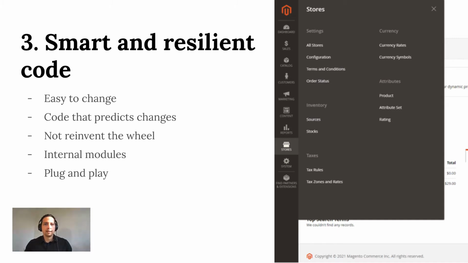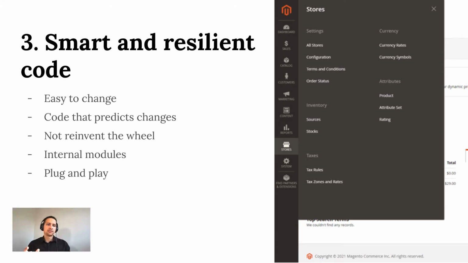Also, when we create a new module, new app, new technology, new standalone script, the main focus that makes a huge difference, and all the Magento partners that I already worked with or did consultancy for, in total more than 8, is to create smart and resilient code. What does it mean?